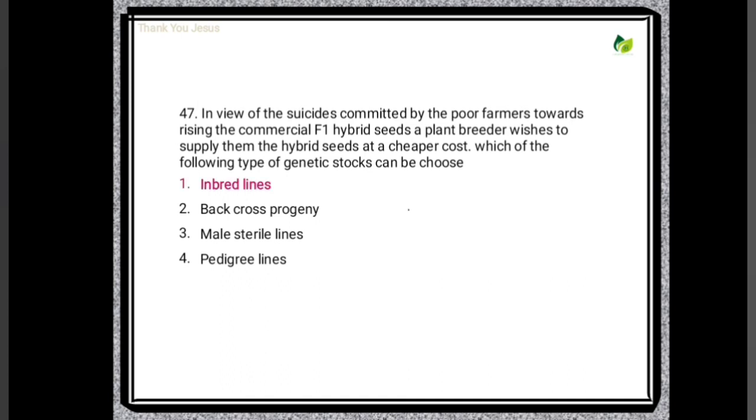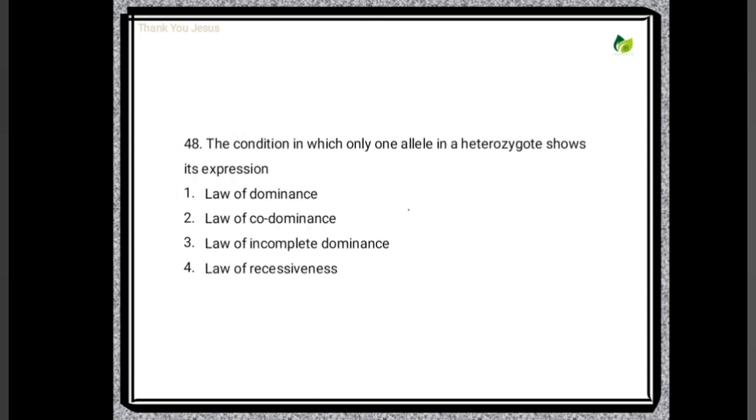The correct answer is inbred lines. So mating of closely related species, inbreeding, generally results in inbreeding depression, that is, decrease of fitness or strength. Okay. Let's see the next question.